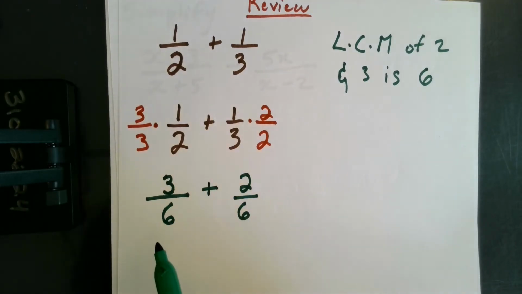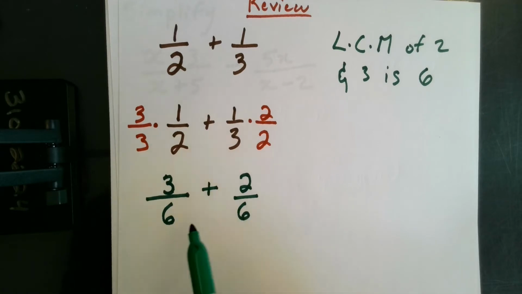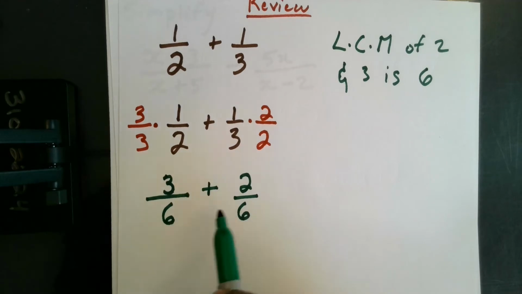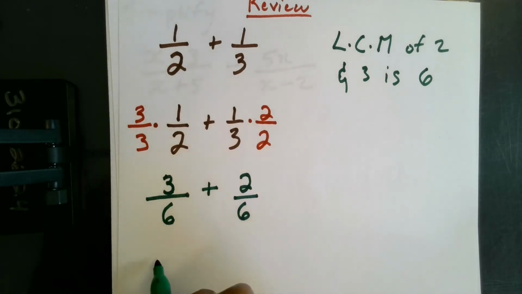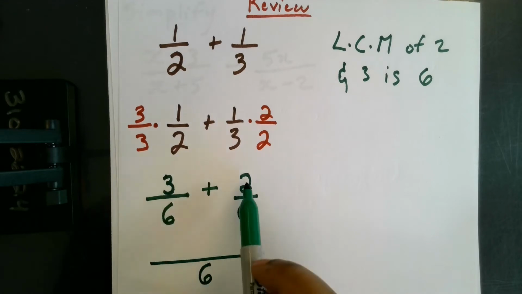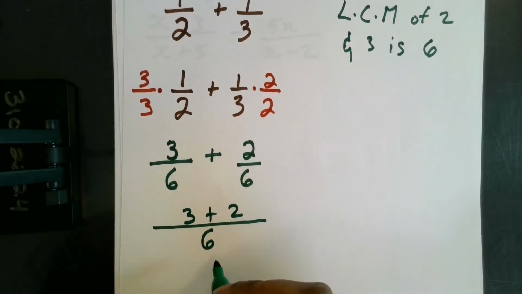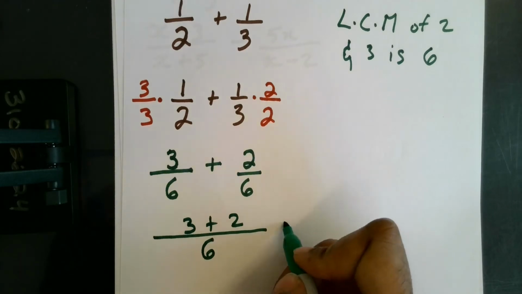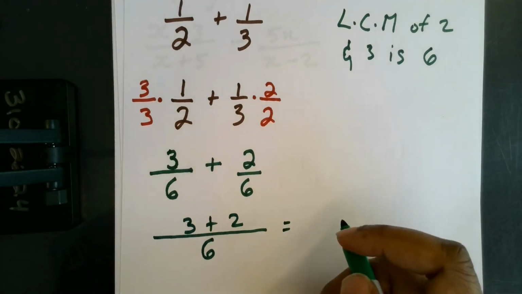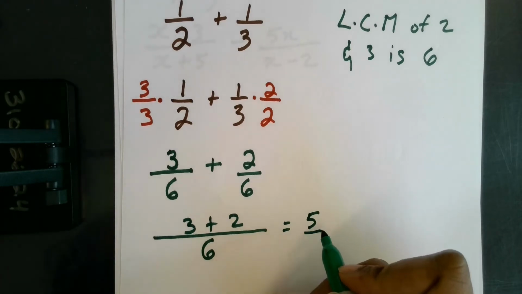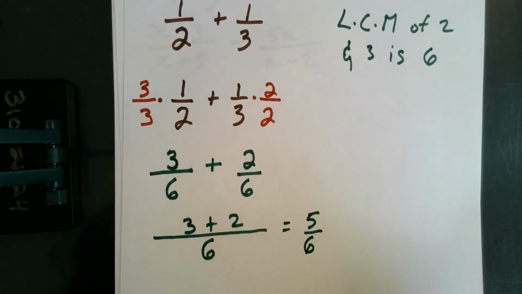Now, when we have the same denominators and we are adding, we can keep the denominator, okay, which is 6, and add the numerators, okay, 3 plus 2. So our answer is, let me write it beside it, 5/6. All right.